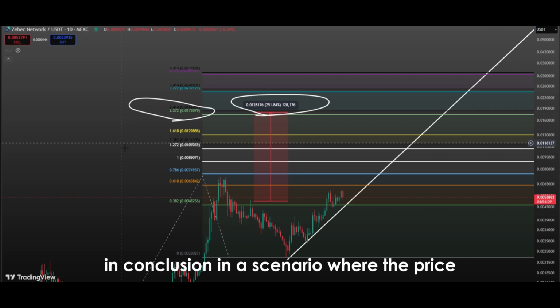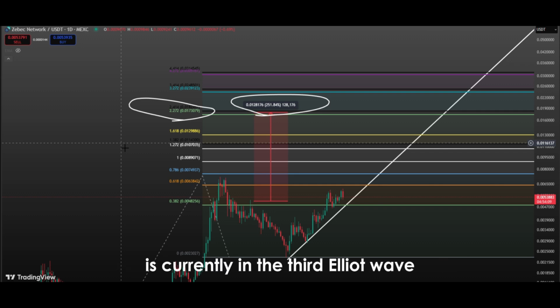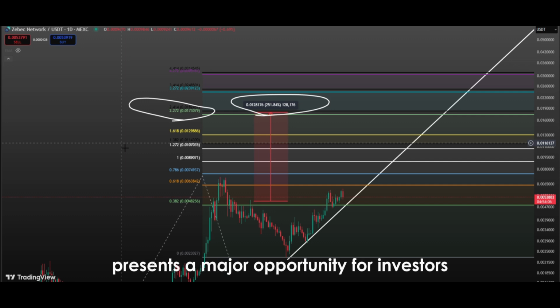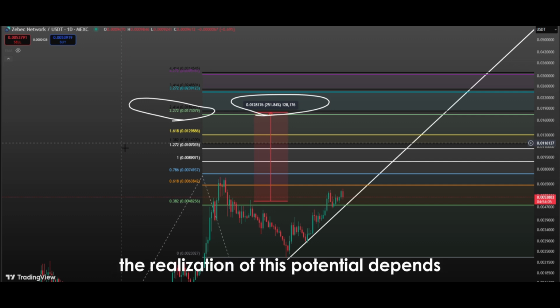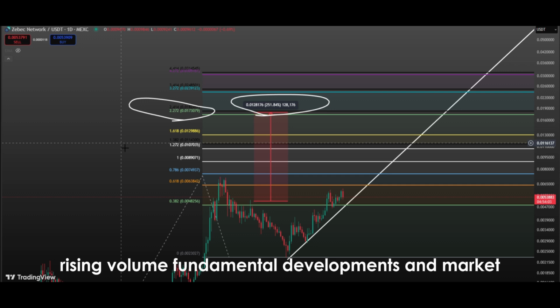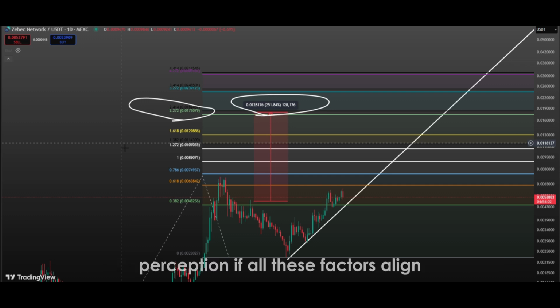In conclusion, in a scenario where the price is currently in the third Elliott wave and targeting the 2.272 Fibonacci level, the 250% upside potential presents a major opportunity for investors. The realization of this potential depends not only on technical indicators, but also on investor sentiment, rising volume, fundamental developments, and market perception.